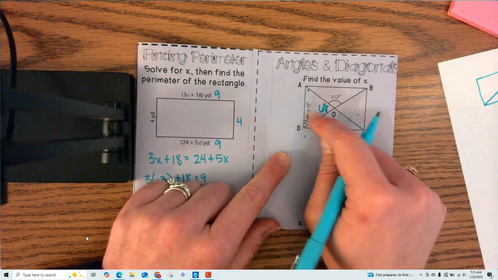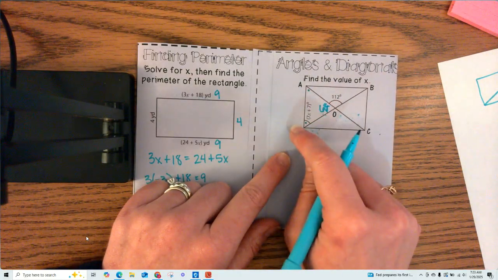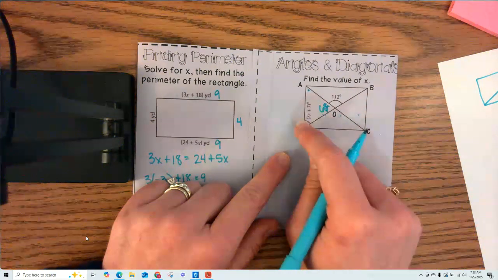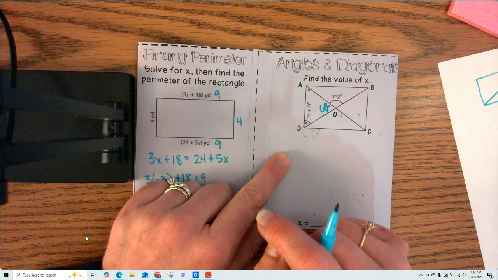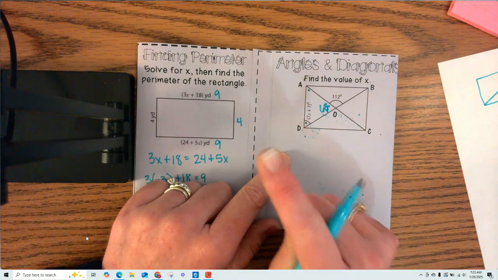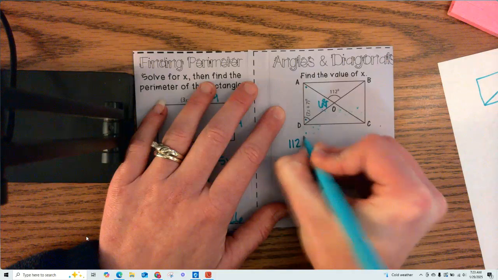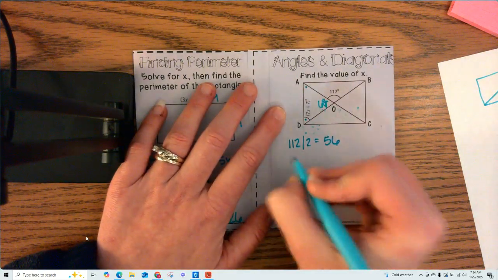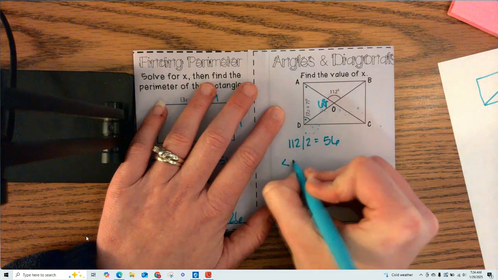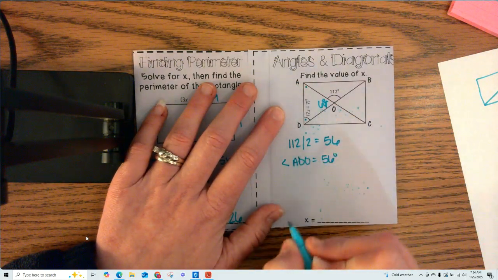So remember our rule of triangles: all three angles in a triangle always add up to 180. So if we know this one is 68, then these two together equal 112. We can find the measure of one of those by cutting 112 in half. 112 divided by 2 equals 56. So angle ADO is going to measure 56 degrees.